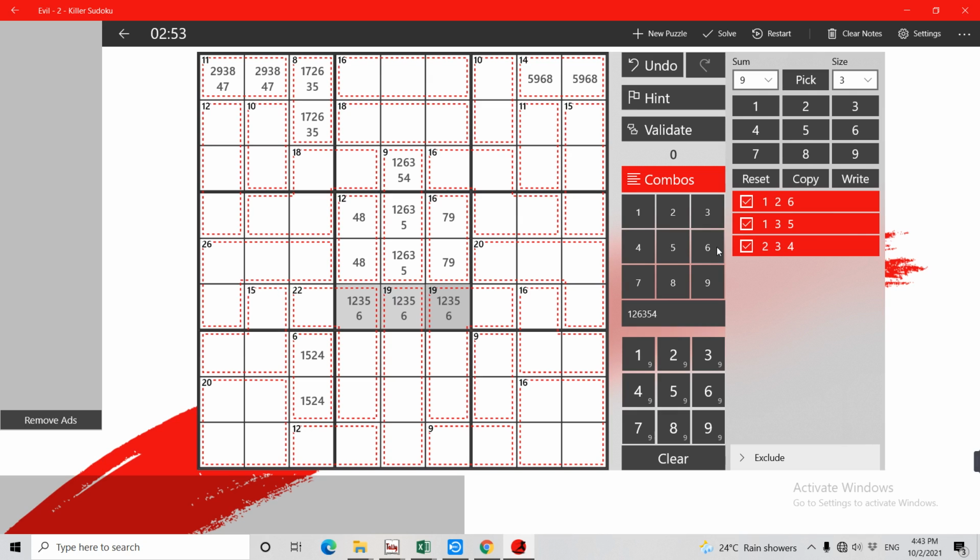Anything else we can notice? Chain of 3's. Any other chain of 3 less than 10? No. Chain of 3 more than 21?